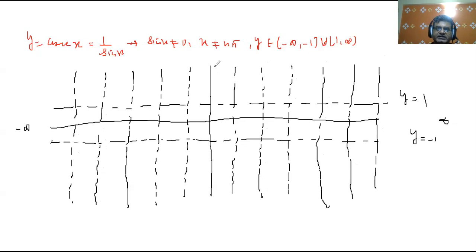Now the graph is this. This is 0. This is pi by 2, pi, 3 pi by 2, 2 pi, 5 pi by 2, 3 pi. The same way it goes back, minus pi by 2, minus pi, minus 3 pi by 2, minus 2 pi, minus 5 pi by 2.